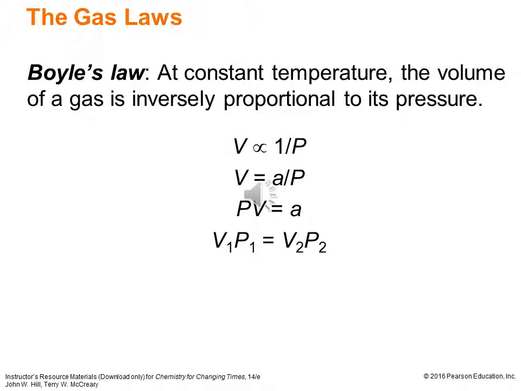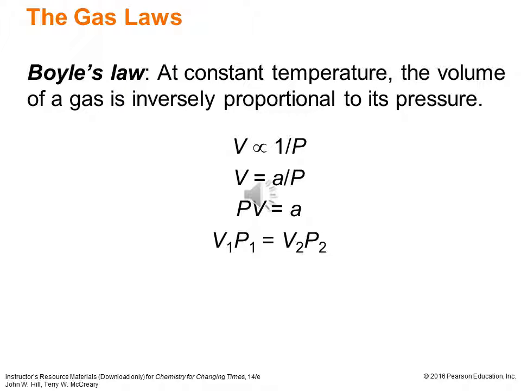And if we had two different conditions, we could say that V1 P1 equals V2 P2, right? Because we haven't changed the number of particles or the temperature. The constant temperature is part of our law. And therefore, if we had a set of conditions at one volume and pressure value, if we were to change the volume or the pressure, the other would change in a corresponding manner.